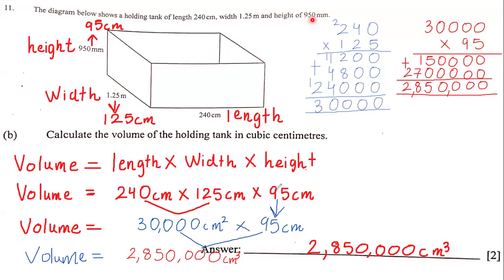Okay. I know the length is 240, so that's this length right here. I know the width is 125. The reason it's 125 is because I converted the 1.25 meters into centimeters, and we did that in the previous question. You were there for that? Yes, sir.